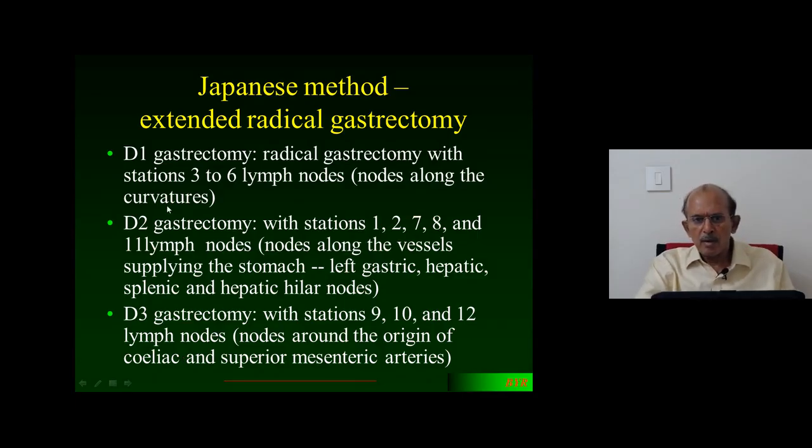So D1, D2, D3 signifies whether first tier, second tier, or third tier lymph nodes are removed. The usual practice is D2 gastrectomy. Many surgeons practice D2 gastrectomy. Even surgical oncologists prefer the D2 gastrectomy.